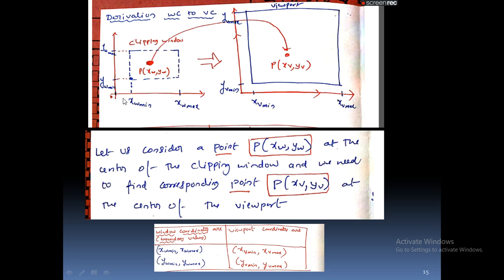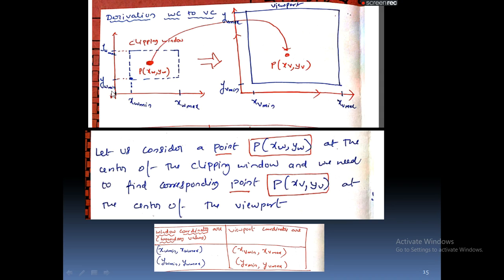The window coordinates are defined with respect to the x-axis: XW min represents the x-axis minimum value with respect to the clipping window, where W represents the window, that is, the clipping window. XW max represents the maximum value of the x-axis with respect to the clipping window.